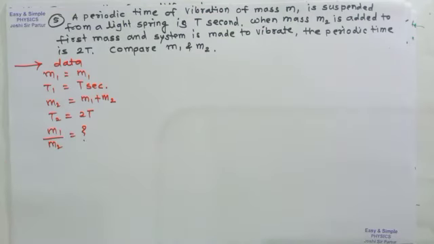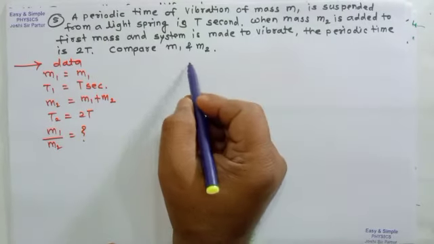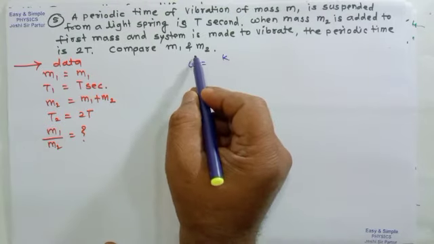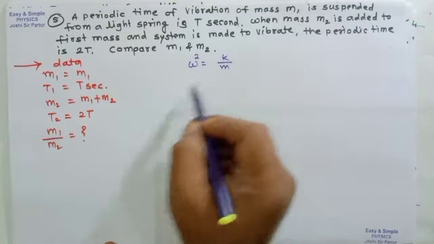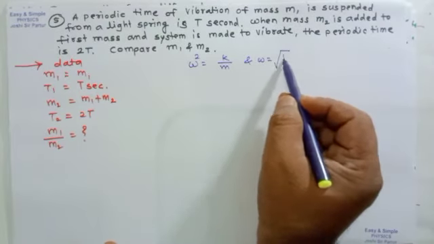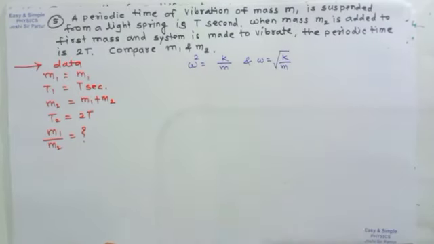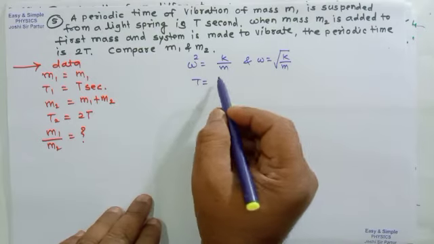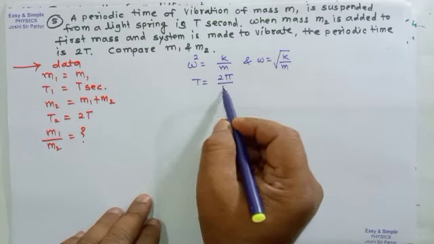So here we can use a formula for this. First of all, omega square is equal to k upon m, and omega is equal to the square root of k upon m. But here the time period is given, so we know that time period capital T equals 2 pi upon omega.